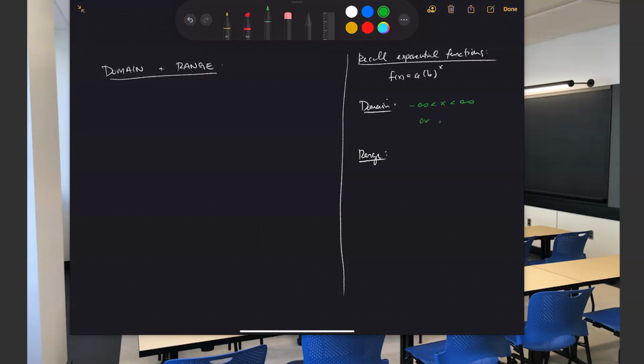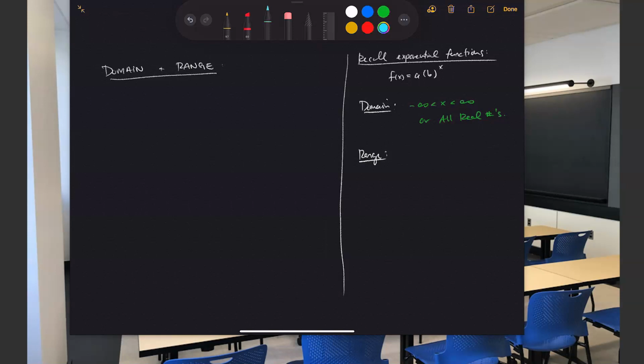Or all real numbers. There's no problems inputting a value into x. We can raise b to whatever power we like. And we know that this function is defined for all real numbers. It stretches infinitely into the negative values and infinitely into the positive values to the right.